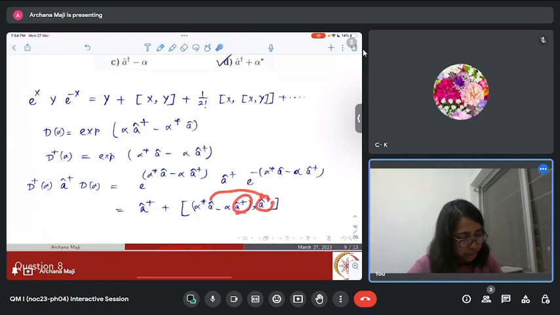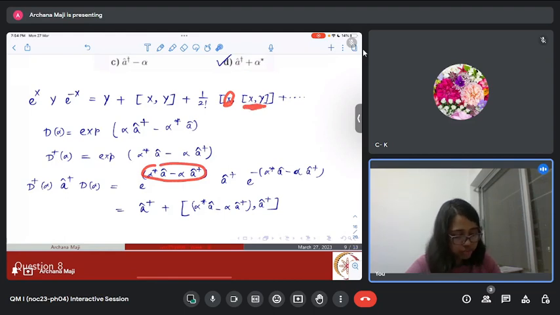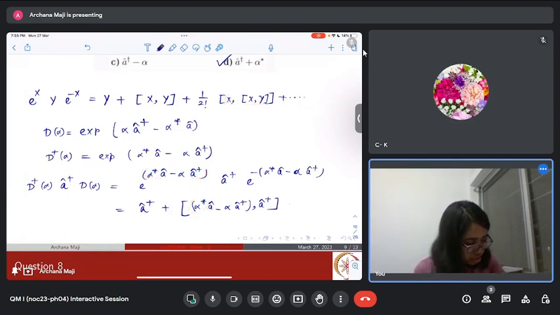A dagger with a dagger commutator is trivially 0. So you will get alpha star, and that's why you don't need to worry about these things, because if you want to take the commutator of X with the XY commutator, which is basically alpha star, you will get 0. So all these terms are actually 0. So that is all, plus you will get 0. So it's plus alpha star.